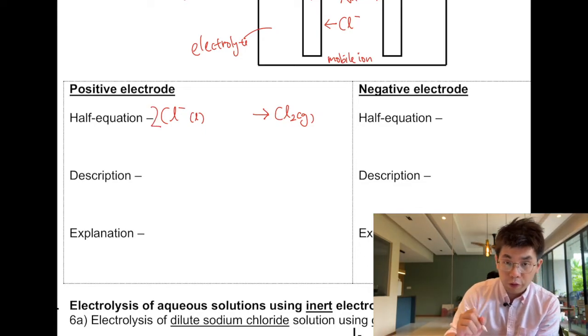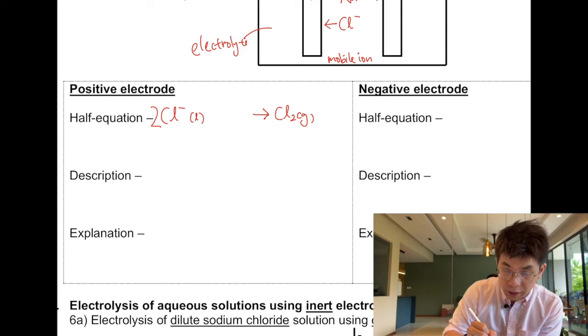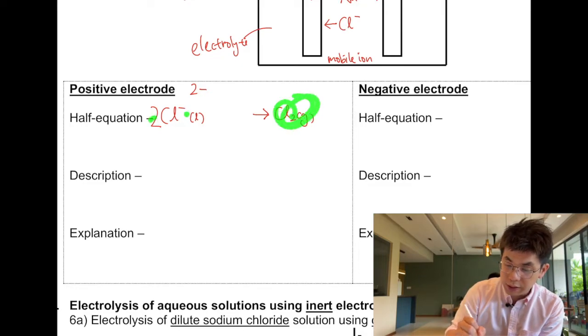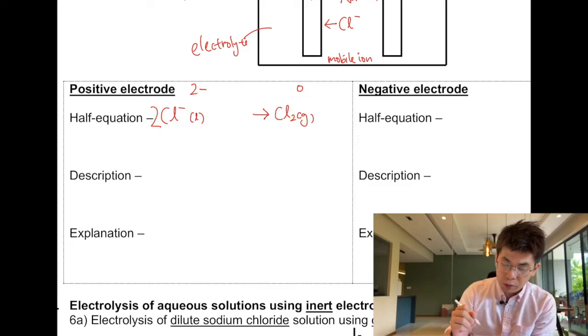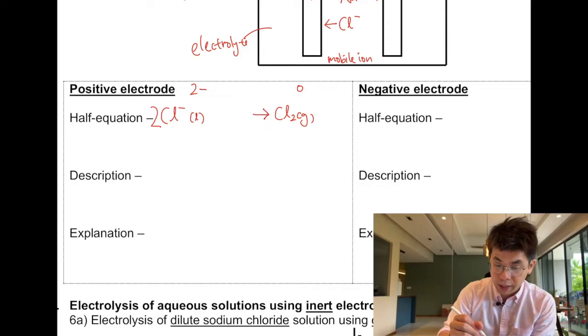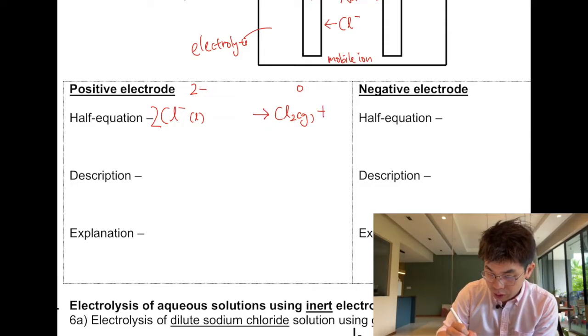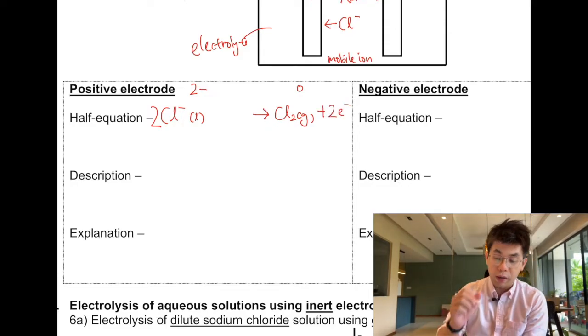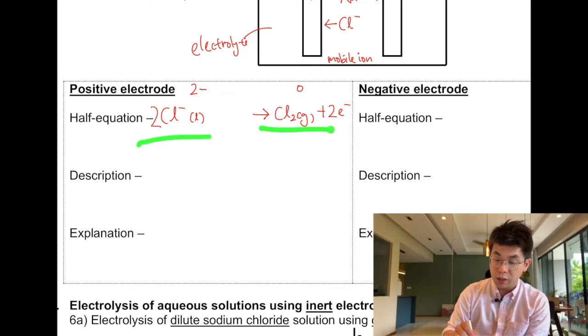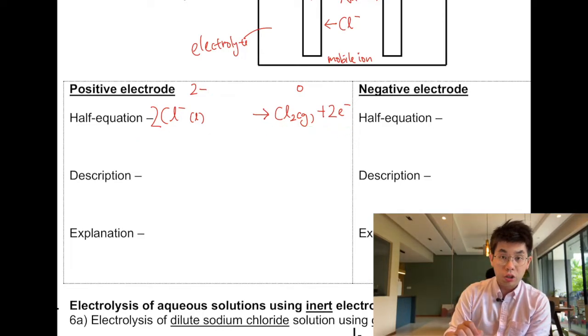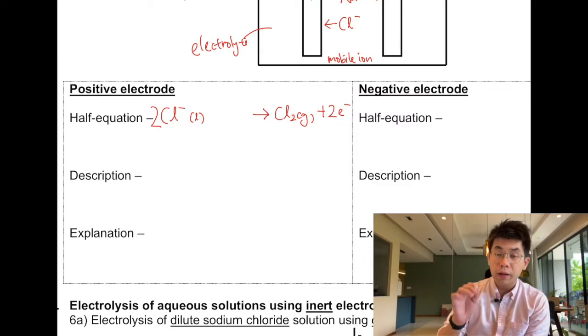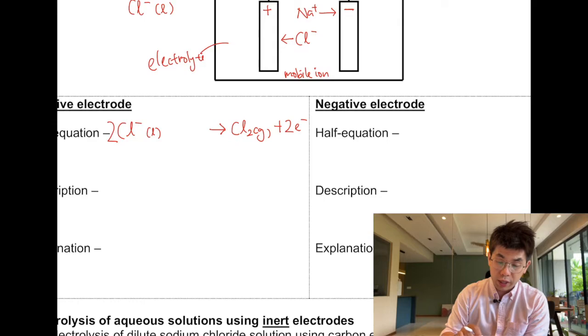And then you must not forget that there is a negative sign here. On the left side, I got 2 negative. On the right side, I got 0. So in order to make sure that it is balanced, I need to add 2 electrons on this side, so that both sides of the equation have 2 negative charge. Okay? Both sides have 2 negative charge. So this is my complete half equation. So let me check. Is it true?